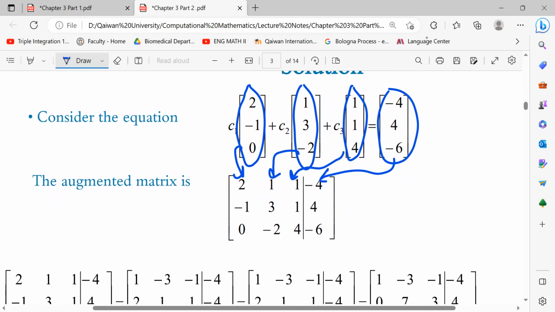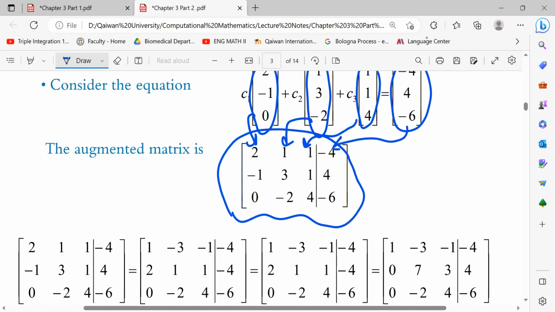Okay, we have these four columns. What do we do to find the values of C1, C2, C3? In the linear combination, we said we use a reduced row echelon form, using Gauss elimination or Gauss-Jordan or any other method.